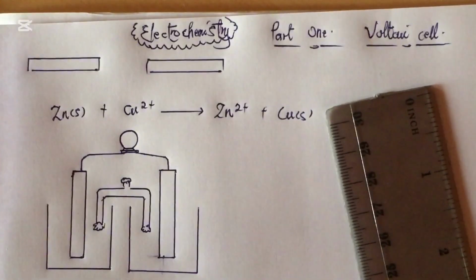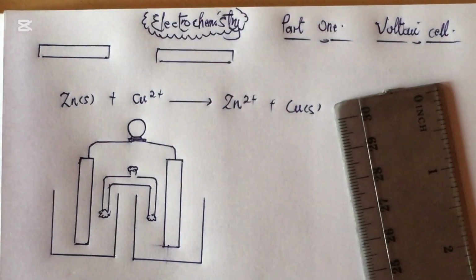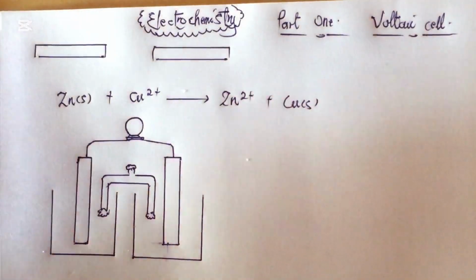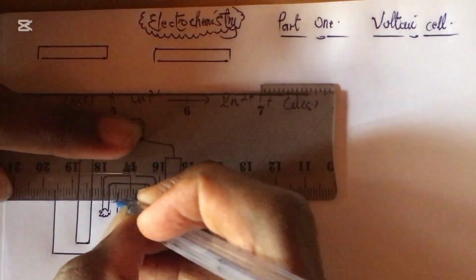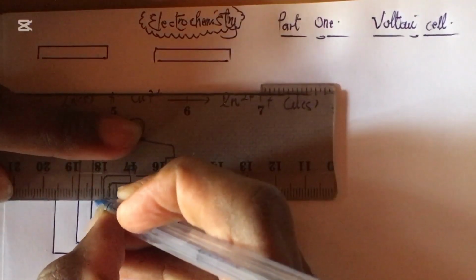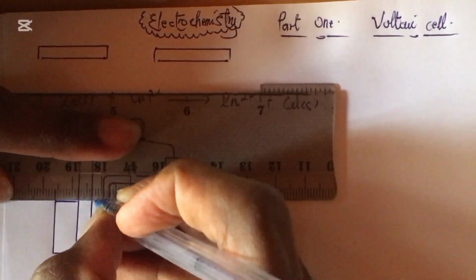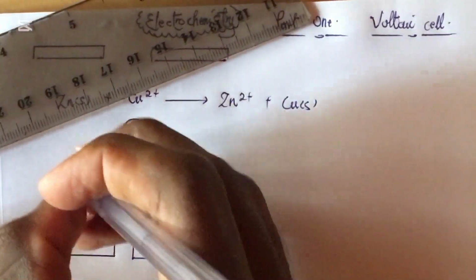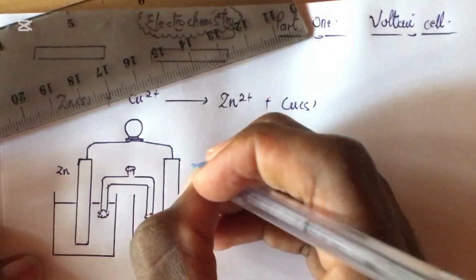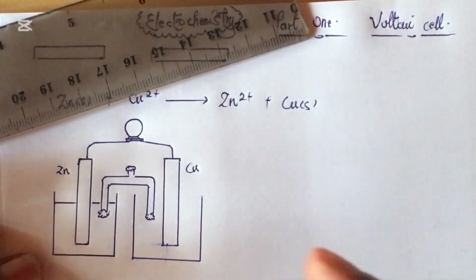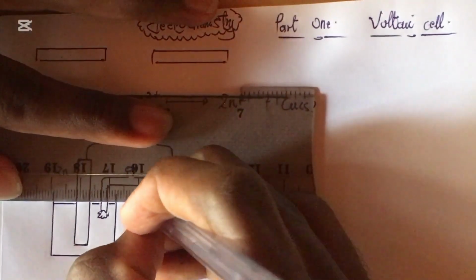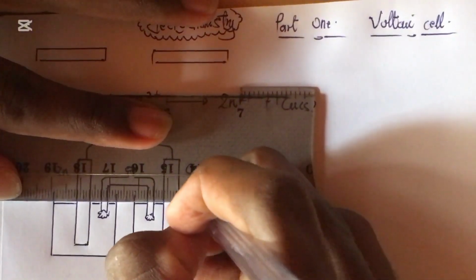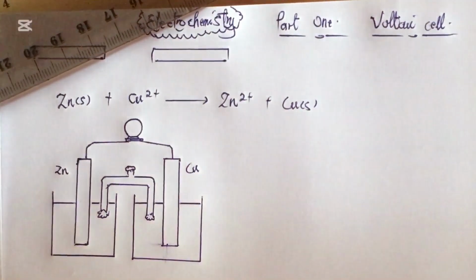Now let's try and talk more about it. One thing you're supposed to notice is that the metal is dipped into a solution, and this solution contains the metal ions. So if this particular metal is zinc, and this one is copper, the solution in which you find the zinc will be an aqueous solution of that metal.